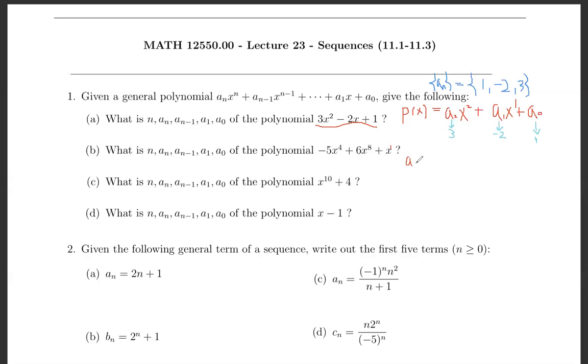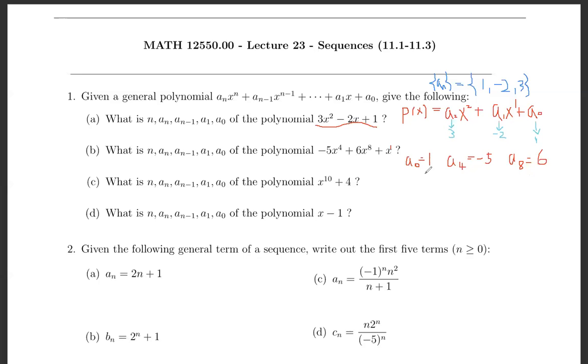So you only have A0 is 1, A4 is minus 5, and A8 is 6. And the others are all 0. A1 is 0, A2 is 0, A6 is 0, A7 is 0, etc. The only non-zero terms are 1, minus 5, 6 for A0, A4, and A8.